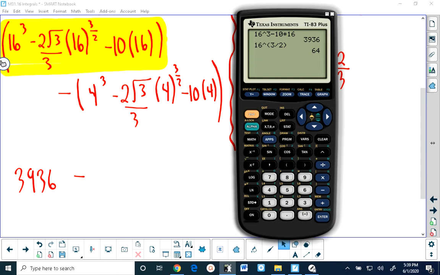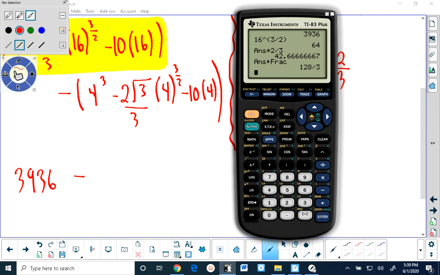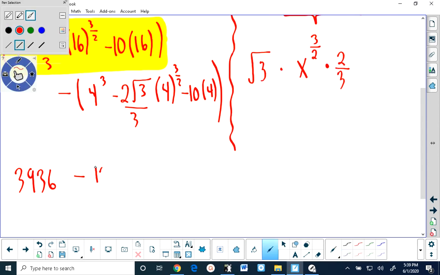I also have multiplied by 2 and divided by 3, which as a fraction is 2/3. So this middle term that I didn't include is minus 128 root 3 over 3.